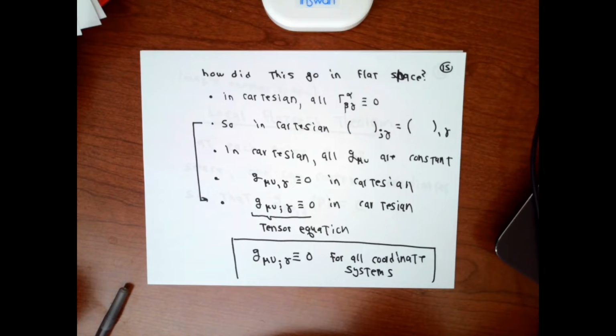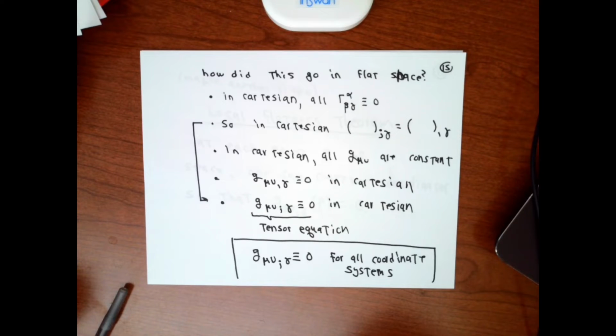On the other hand, in Cartesian, all of the components of the metric are constant, so g mu nu comma gamma is 0. But in Cartesian, comma is the same as semicolon, so this says if you use Cartesian coordinates, you can conclude that g mu nu semicolon gamma is always 0.